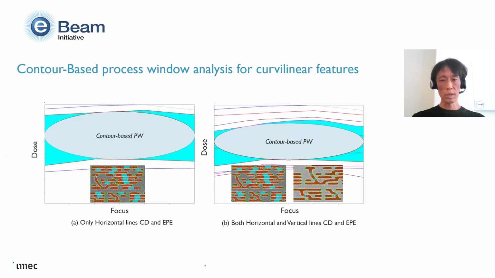When only horizontal lines are analyzed, the process window behavior appears relatively conventional. However, when both the horizontal and the vertical curvilinear features are evaluated simultaneously, additional sensitivity becomes visible. These results highlight the importance of the contour-based methodology for the future curvilinear technology, where overall shape fidelity may be more important than the individual CD measurement.